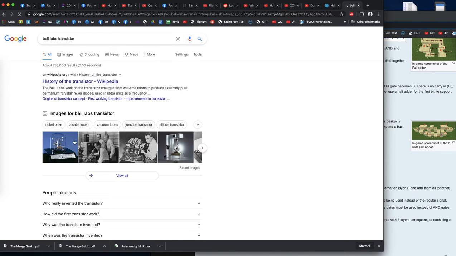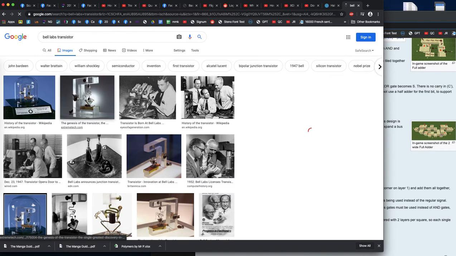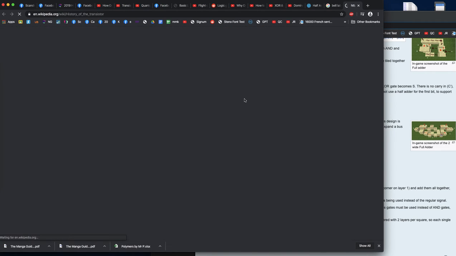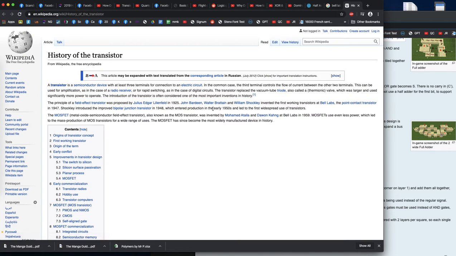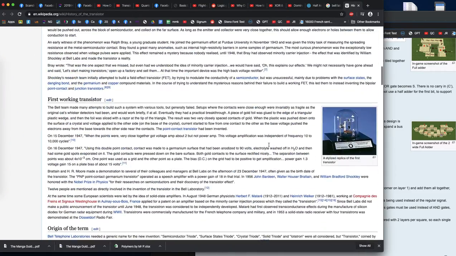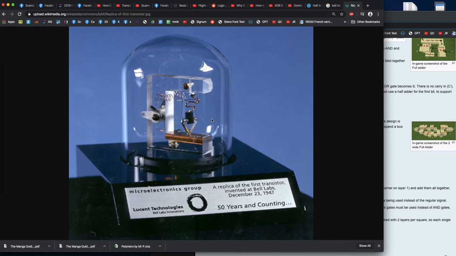They developed their first transistor that looked something like this. And it's pretty large compared to a modern transistor. Right? So that was their first transistor. It's smaller than I initially thought, but yeah, that was the first transistor.